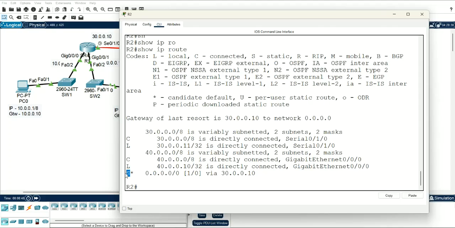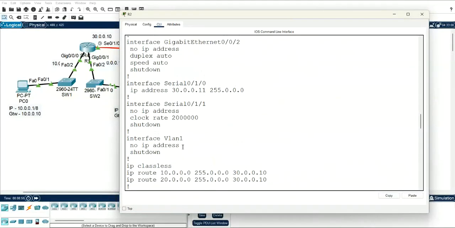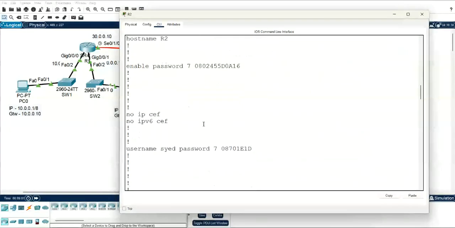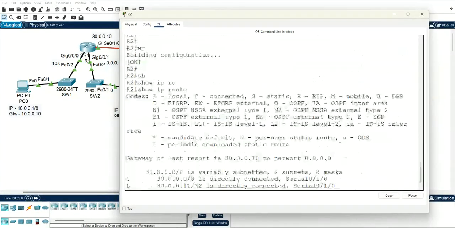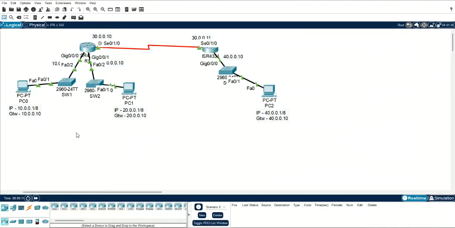It is a default static route. Static routes will not have a star. It will simply have S. But a default route has got what? Star.